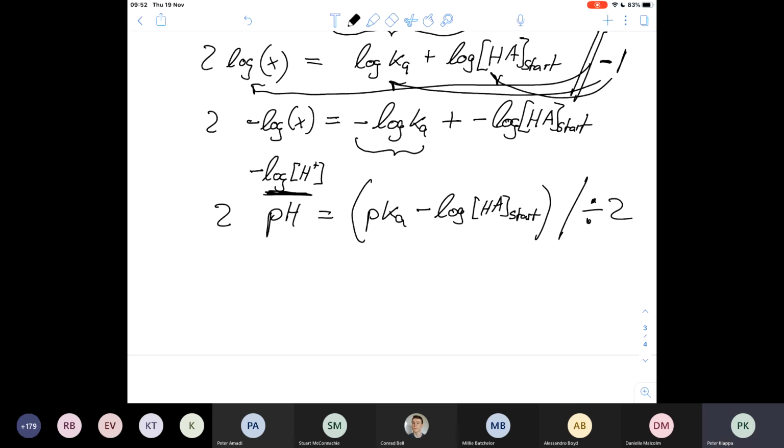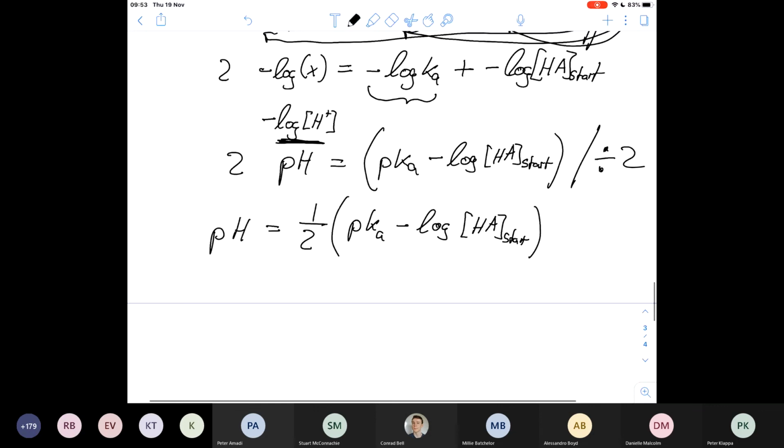So I get pH equals 1/2 of pKa minus log of the acid concentration at the start. Does that make sense?